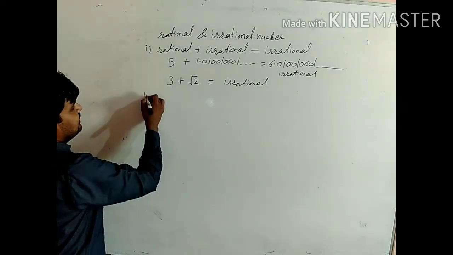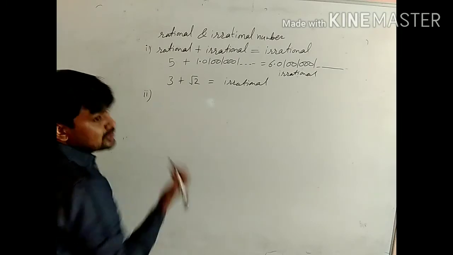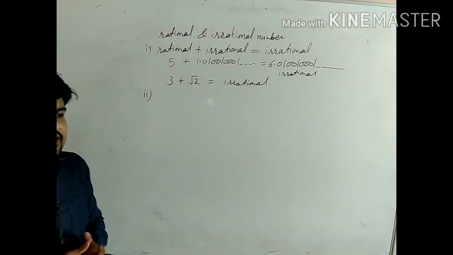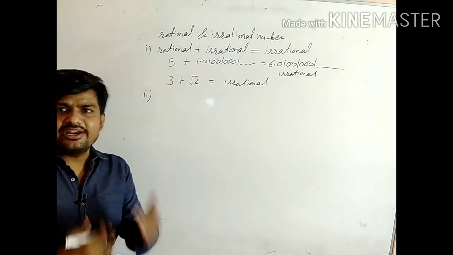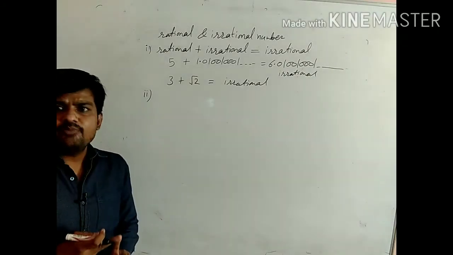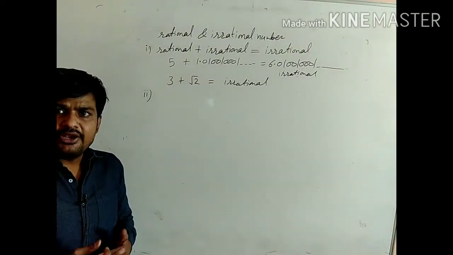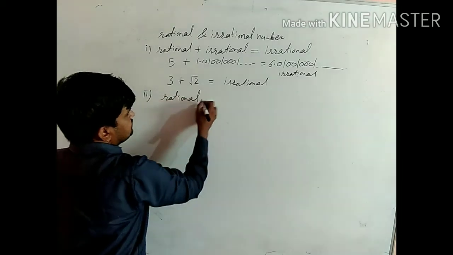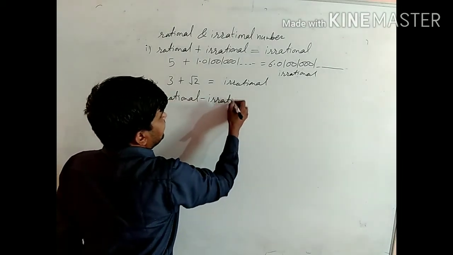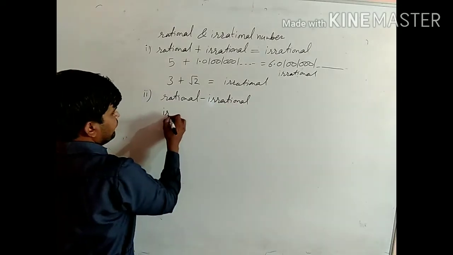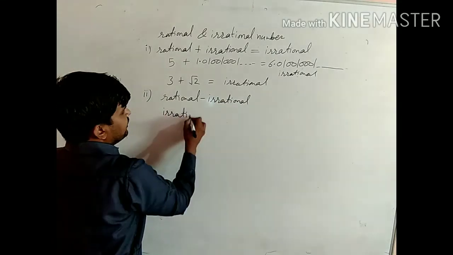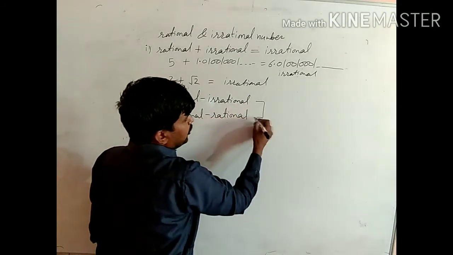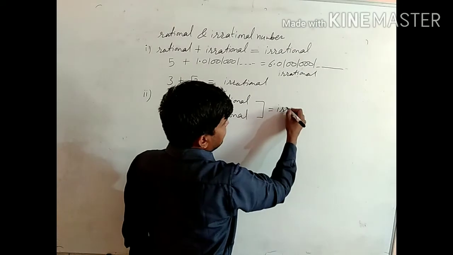Now the second fact: subtraction between rational and irrational, either the first number is rational or the second one is rational. If we perform subtraction between rational and irrational, suppose rational minus irrational or irrational minus rational, in both conditions the result will be irrational.